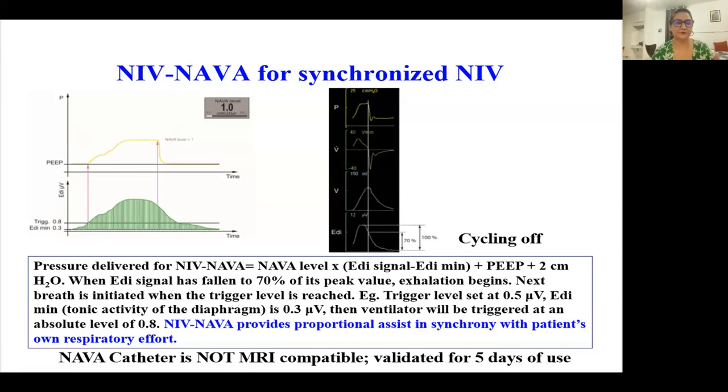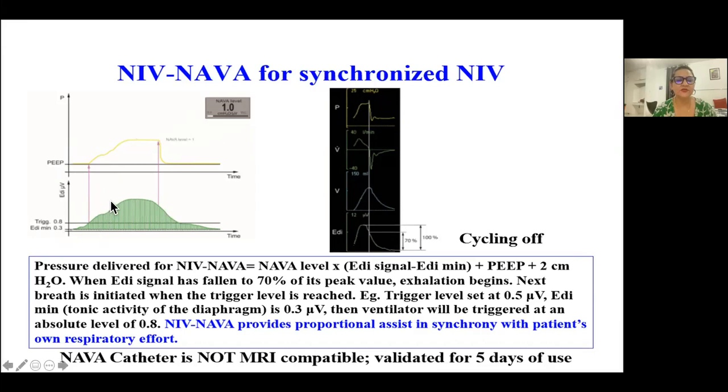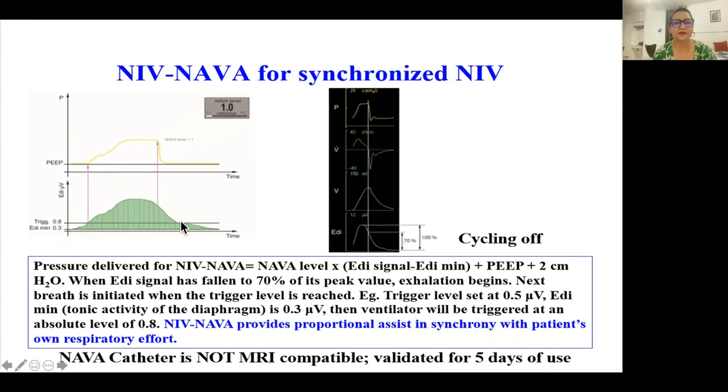The pressure delivered will be equal to NAVA level into EDI signal maximum minus minimum, plus PEEP plus 2. So it will start delivering at the EDI maximum, and will start giving a pressure when you have kept a NAVA level of 1. And when does it stop? You see this EDI signal is going up and then it is coming down.